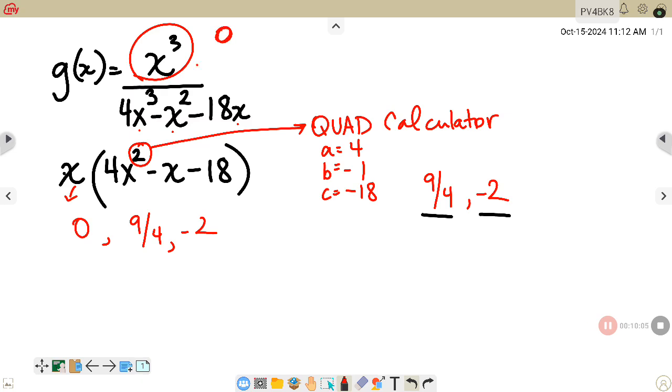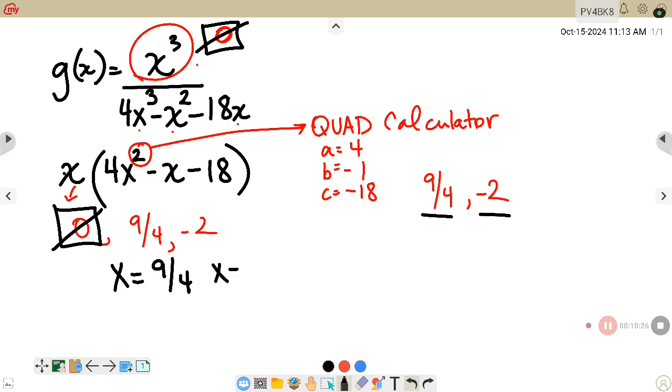So what we see on this example is that there's a 0 in the denominator that is also a 0 of the numerator, which means it's not a vertical asymptote, which means your only vertical asymptotes are x equals 9/4 and x equals -2.